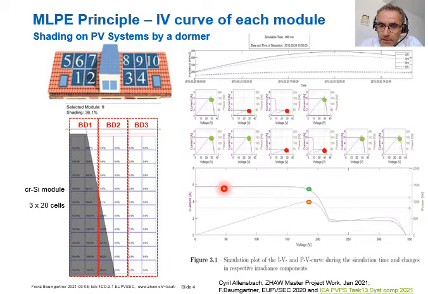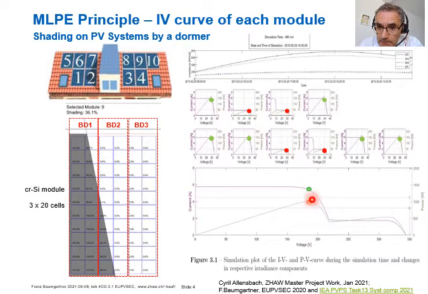But if we compare that with a standard string inverter, it is only possible to operate at one certain current, and that would be the higher amps. So the string inverter would have 6 amps running through all these modules. That means these modules are not operated at the optimum condition, and there we are losing power.